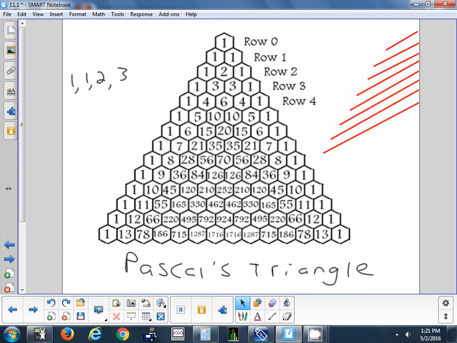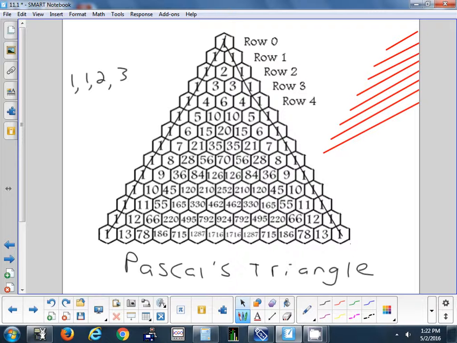Another thing that comes up is if you look at row 2. Ignore the 1s, don't really focus on these. If you look at row 2, all the numbers are a multiple of what number? 2. How about row 3? 3.